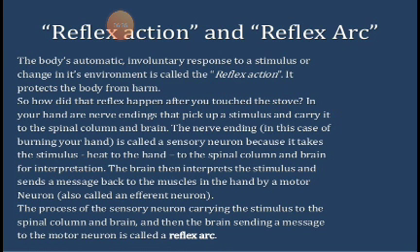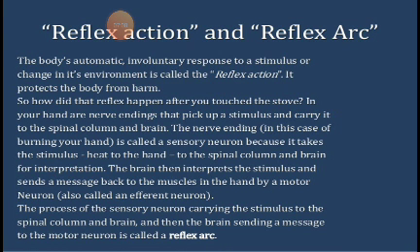The nerve endings are called sensory neurons because they carry the message from the hand to the spinal cord and the brain for interpretation. Then the reflex arc is formed at the spinal cord, which gives the message to the effector organ, like a muscle of the hand, through the motor neuron for taking the action, that is, to pull the hand back.